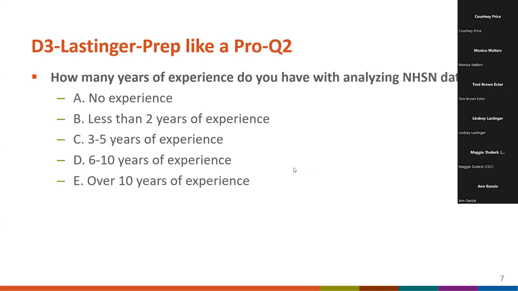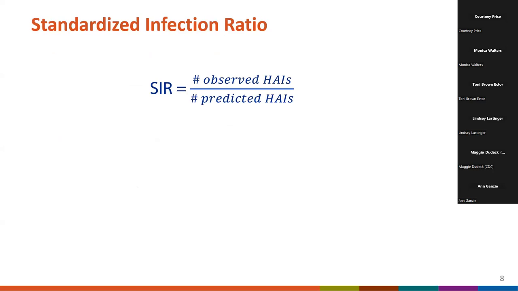All right, so let's get into our crash course on the standardized infection ratio. So this metric is a ratio where the numerator is the number of observed HAIs and the denominator is the number of predicted HAIs. So the numerator, the number of observed HAIs, you all know about this.